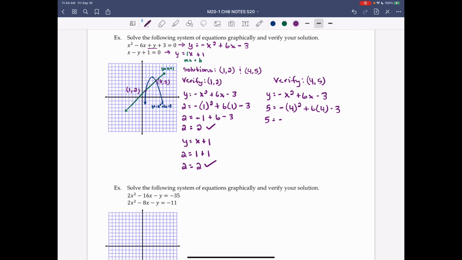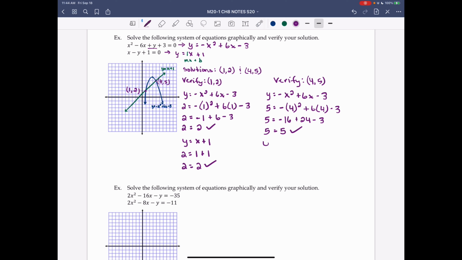Feel free to use your calculator for all of this, just don't make mistakes. So 4 squared is 16, so we get negative 16. 6 times 4 is 24, plus 24 minus 3. I'm going to use my calculator just to double check, negative 16 plus 24 minus 3. Yep, we get 5. 5 equals 5.